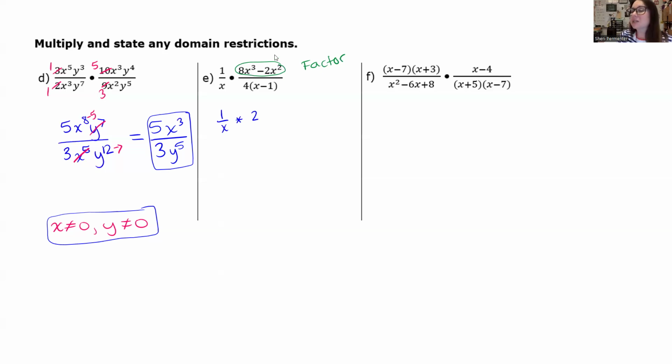So what's the most amount that I can pull out? 2, because I can't pull 3 out of both of them, but I can pull 2 out of both of them. So the biggest amount I can pull out of both is 2.